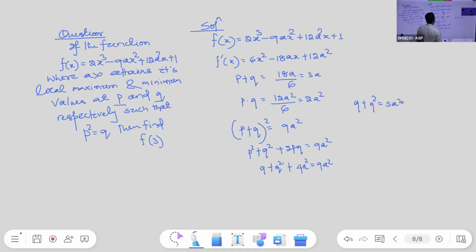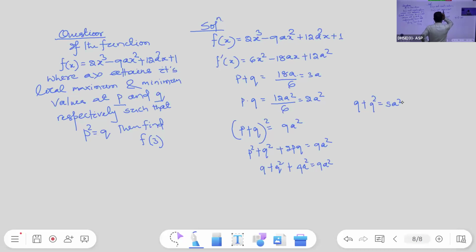I think something wrong I have done. It is 6x square minus 18ax plus 12a square. Sum of the roots is minus b by a, that is 3a. PQ is equal to 12a square by 6, that is 2a square.